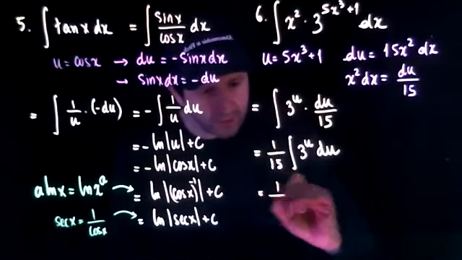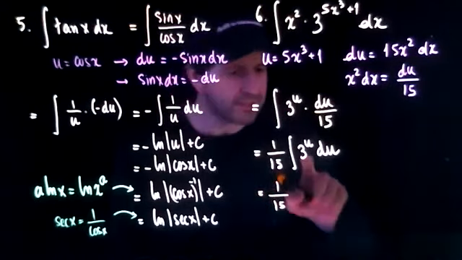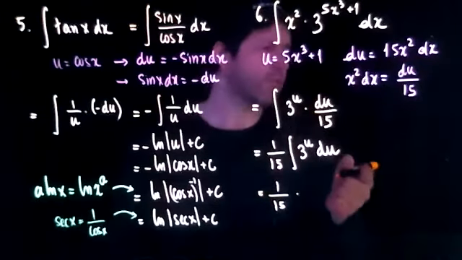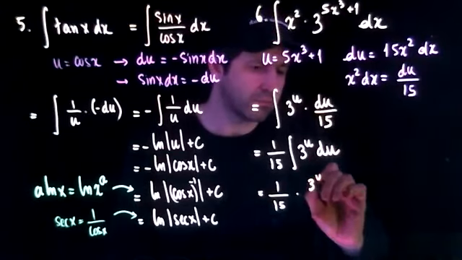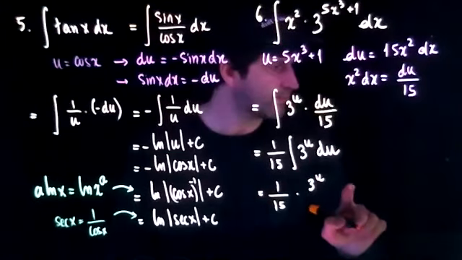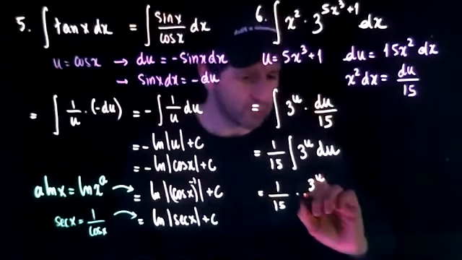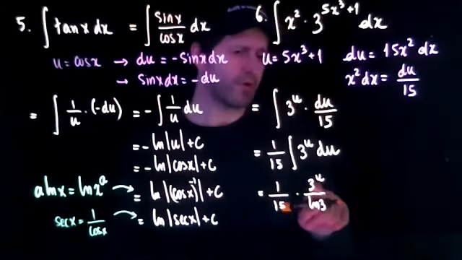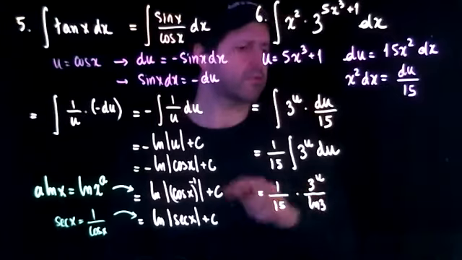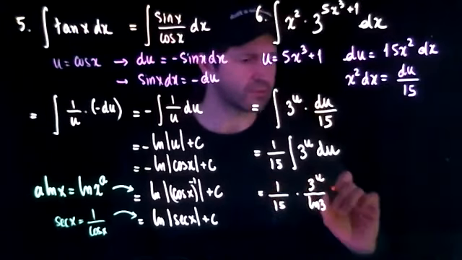So it's 1 over 15, that doesn't change. What should I derive to get 3 to the power u? Well, if I derive 3 to the power u, I get 3 to the power u times ln 3. So I'm going to divide by ln 3, so that when I derive 3 to the power u, the ln 3's cancel. So that's my answer.